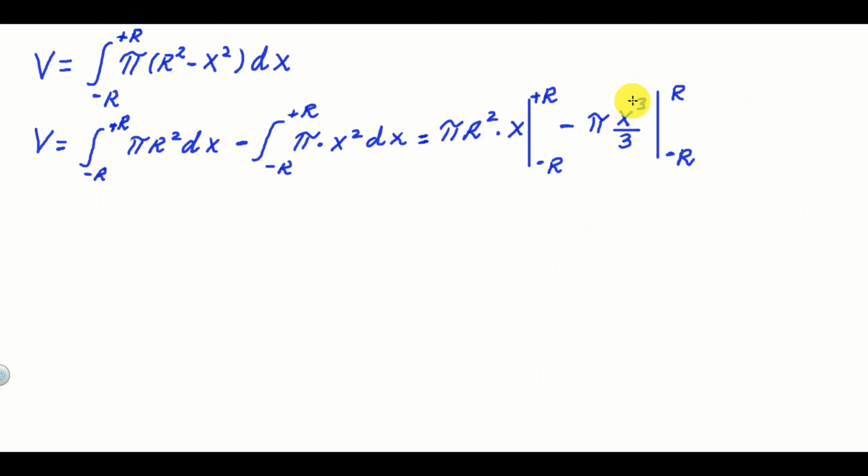Good, let's continue. So our volume becomes pi r squared, and over here we have r, then minus r.